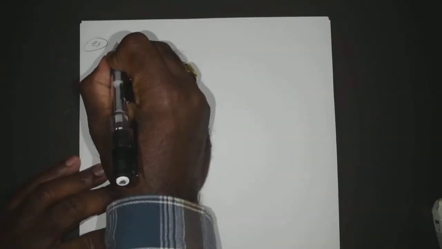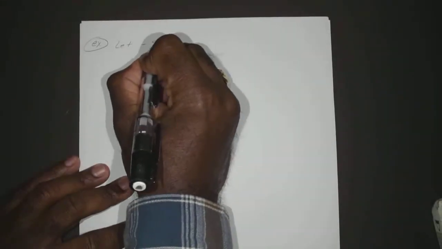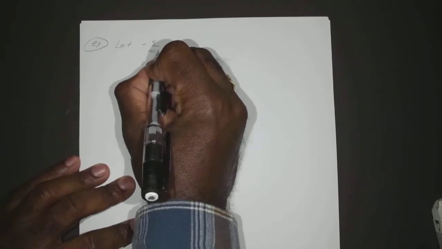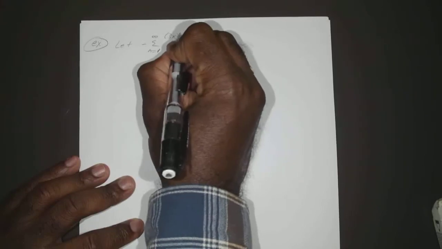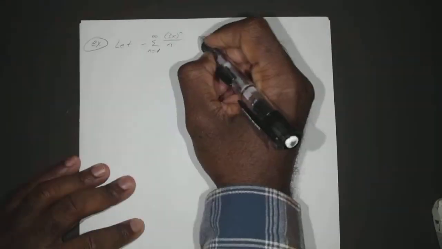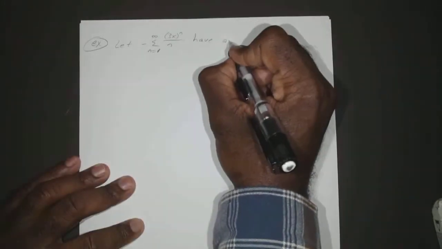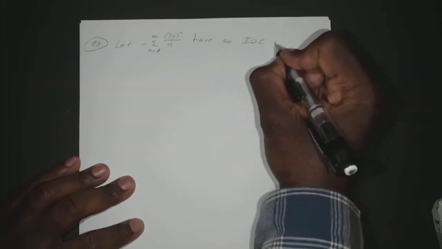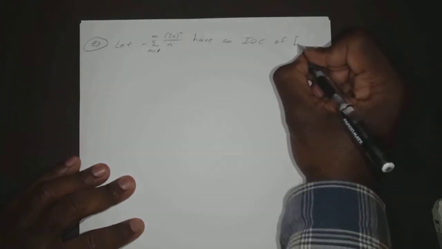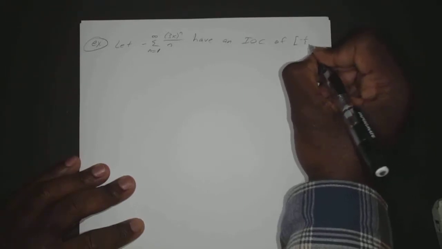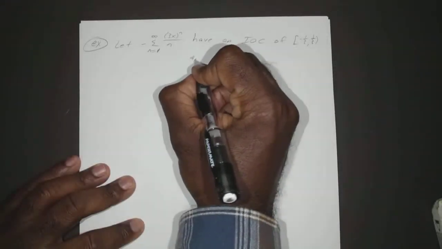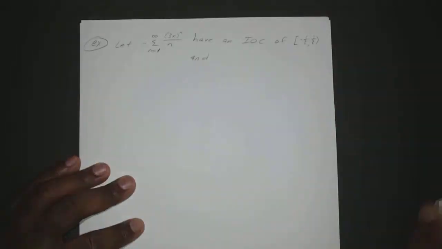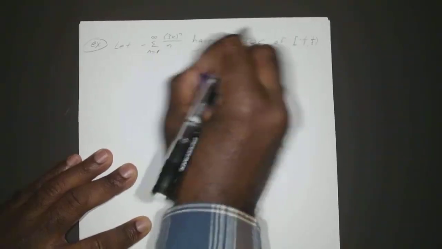Okay. So let's say, for example, the negative sum from n equals 1 to infinity of 3x to the nth power over n has an interval of convergence of, you have a bracket on the left, so negative 1/3 to 1/3.